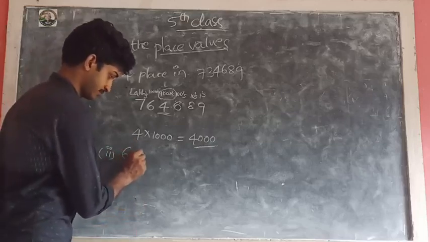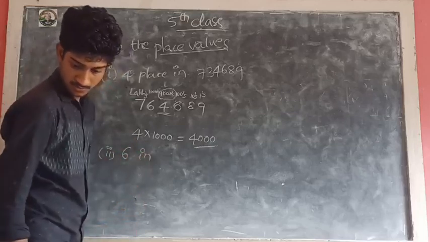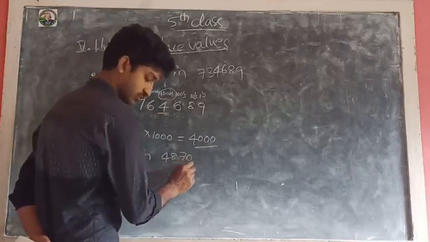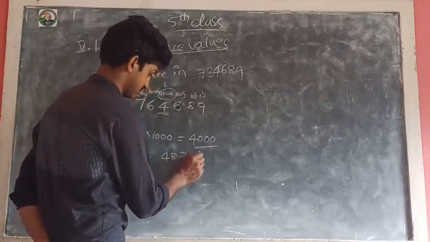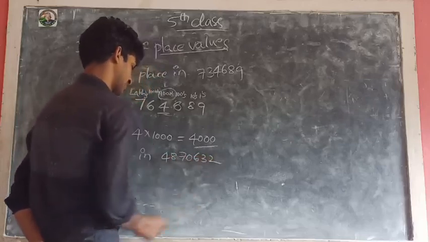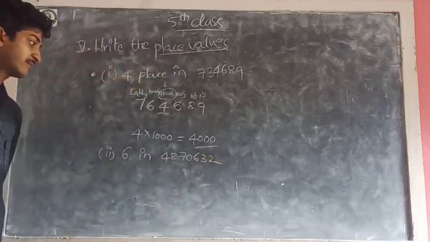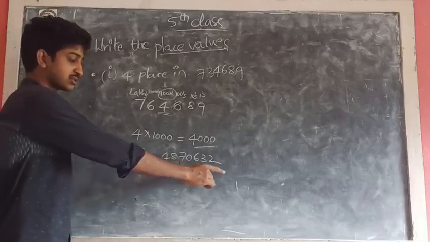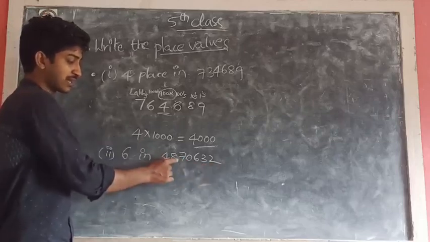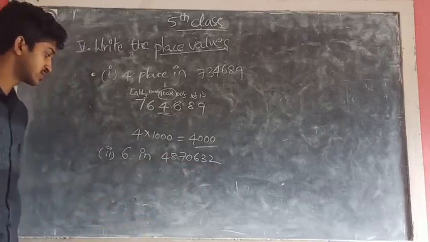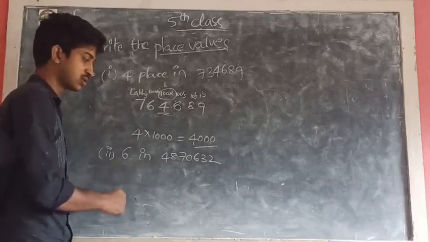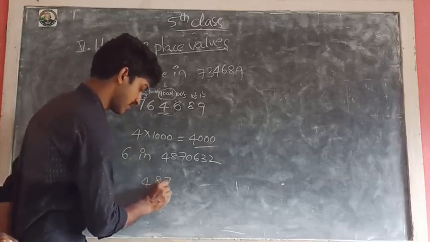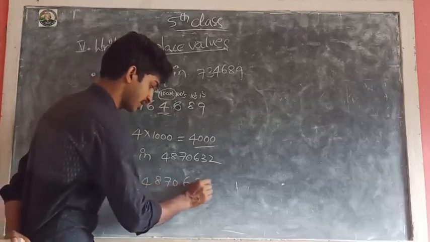And the next question is to find the place value of 6 in 48 lakhs 70,632. First of all we have to write the number here, 4870632.